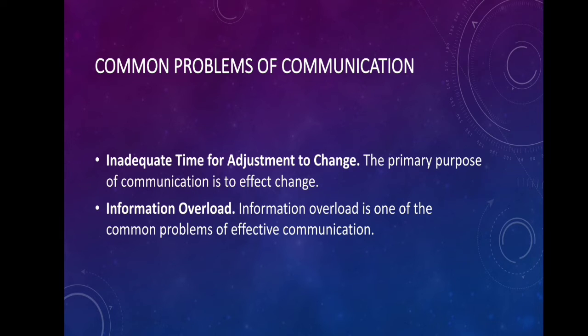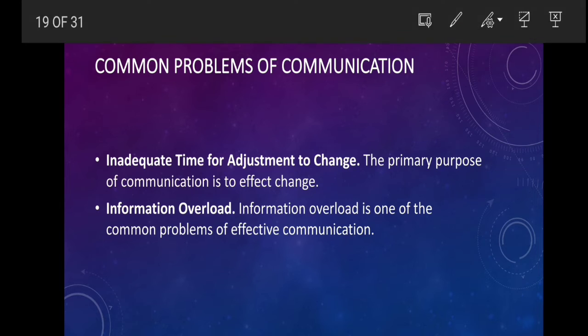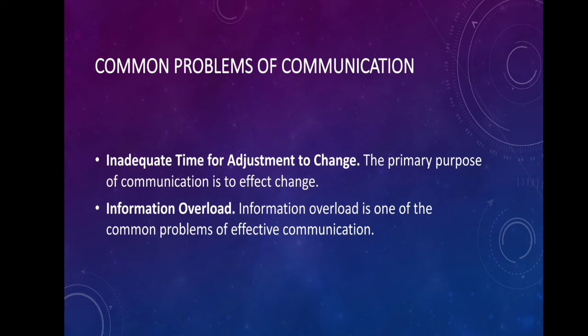When we experience information overload, there is too much information inside us, which is also a problem, because we should be specific in the information we give, but when overloaded, we become general. So we need to be specific, not general.